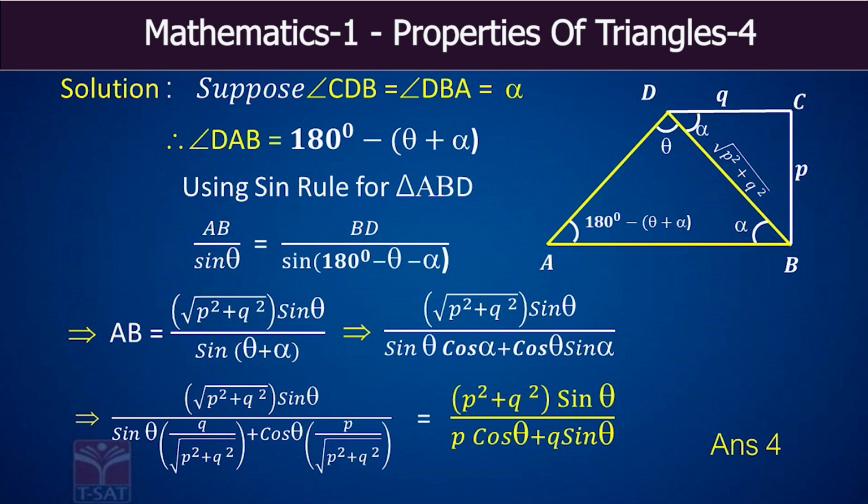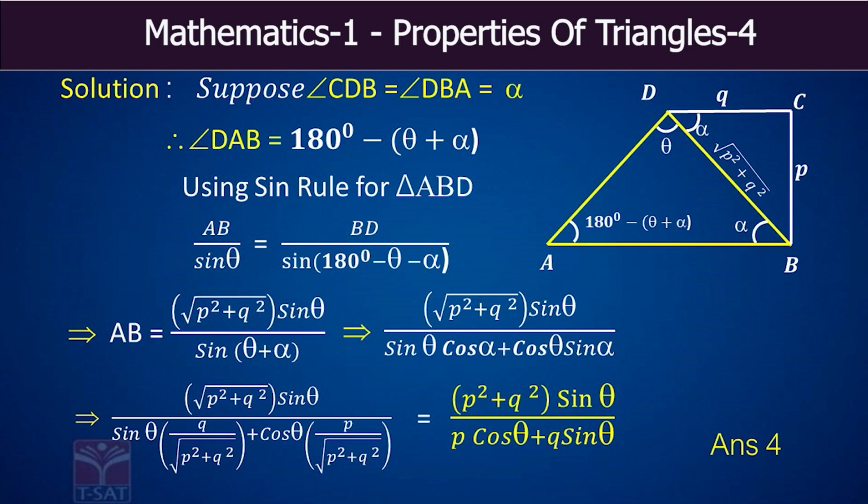So therefore angle DAB is equal to 180 minus of theta plus alpha. Using sine rule for the triangle ABD, AB by sin theta is equal to BD by sin of 180 minus theta minus alpha. So AB is equal to square root of P square plus Q square, because the right angle triangle, sin theta by sin of theta plus alpha.